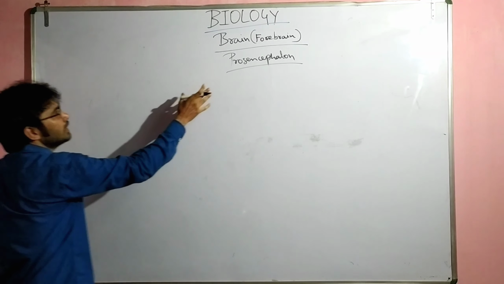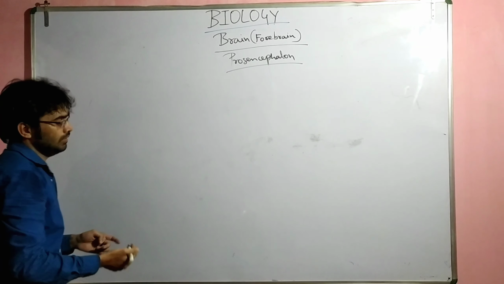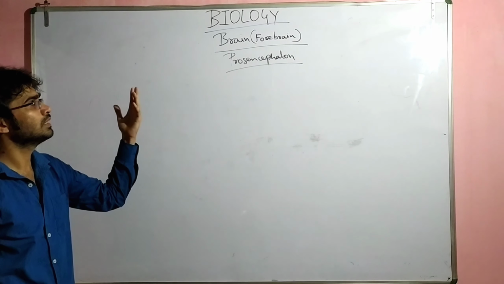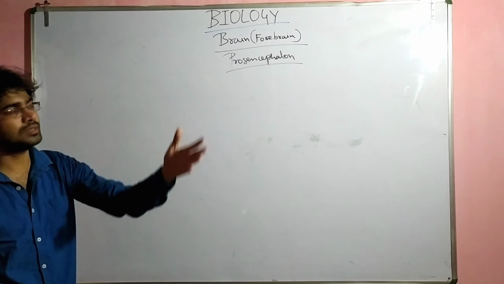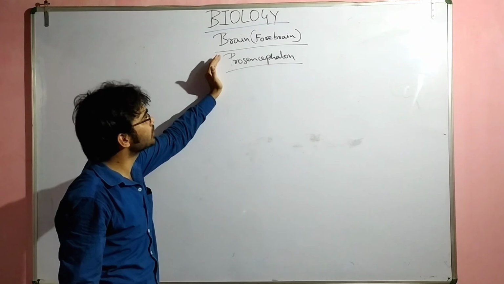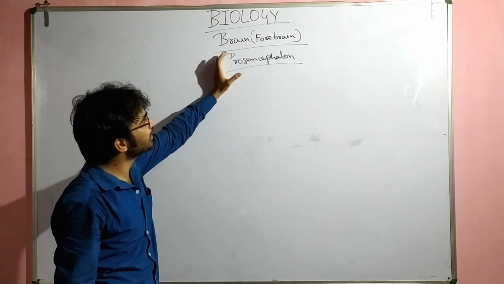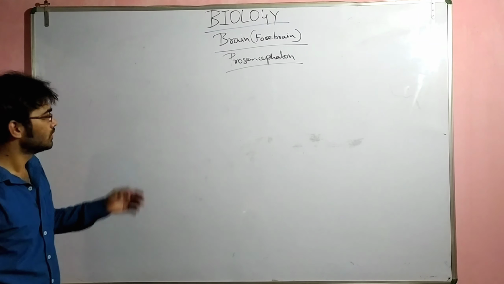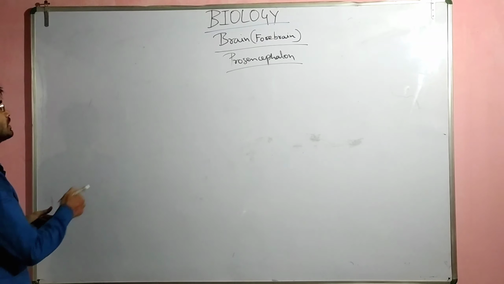Here, as I told you in my previous video, the brain is divided into especially three parts: the forebrain, midbrain, and hindbrain. So here I will discuss only the prosencephalon, meaning the forebrain and its four lobes. So let's start.